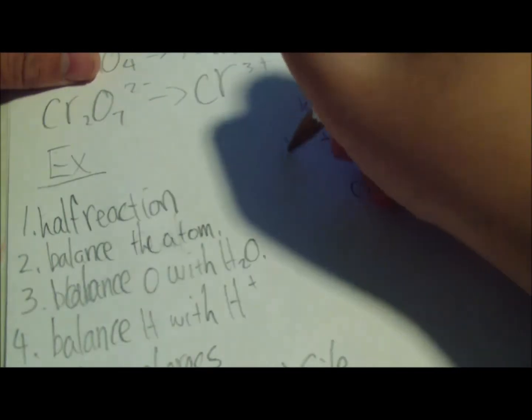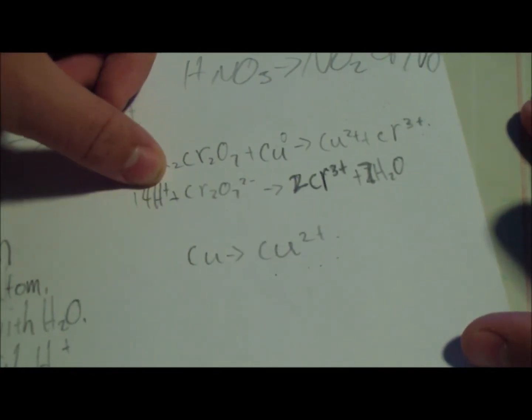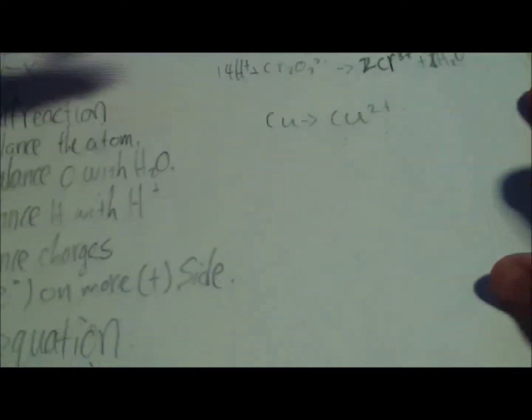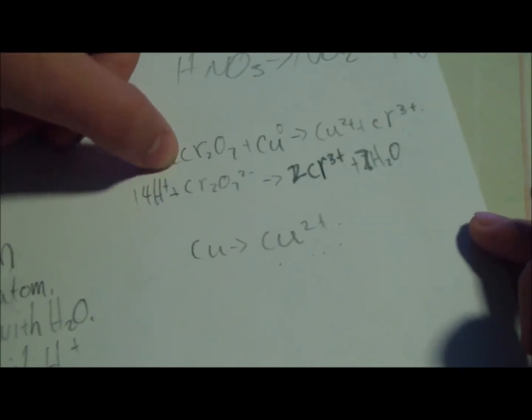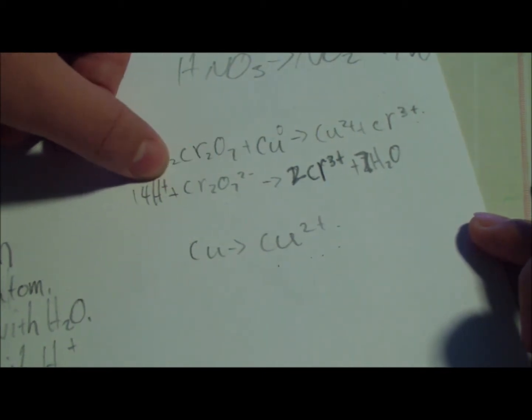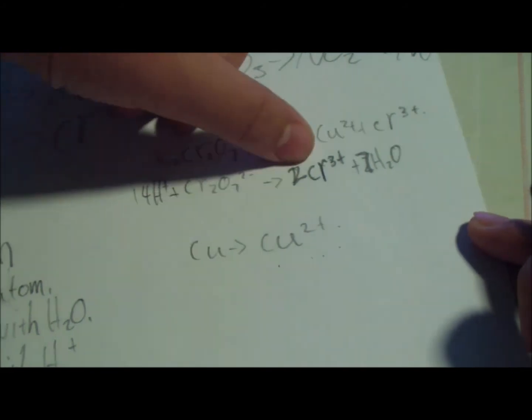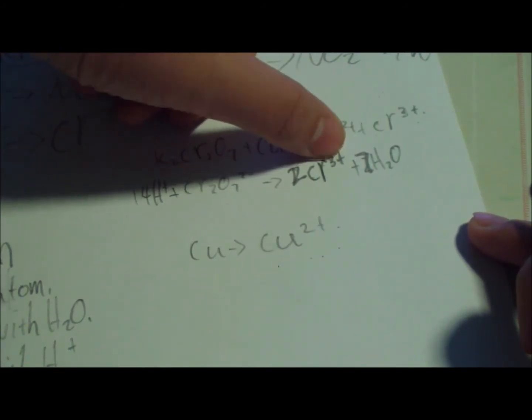So I add 14 H pluses on this side, and 7 H2O. Next, balance charges by adding electrons on the more positive side. Here I have 14 positive charges and 2 negative charges, so a total of 12. On the other side I have 3 times 2, so 6.